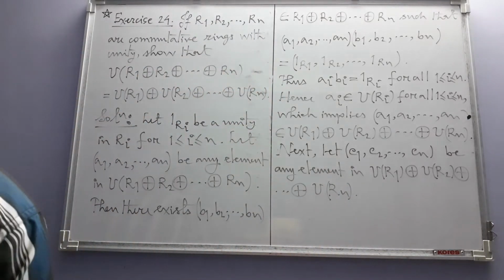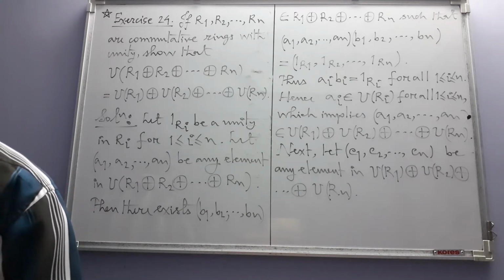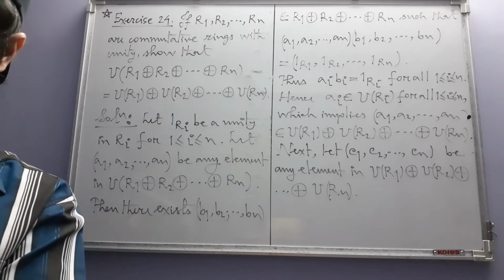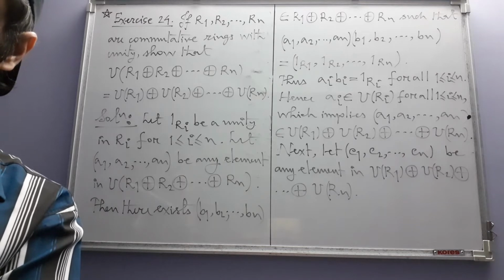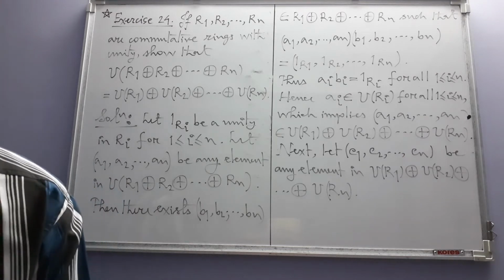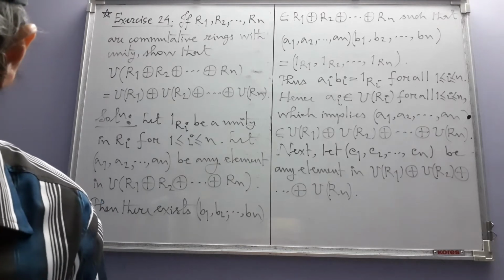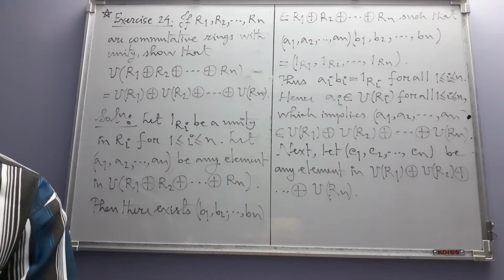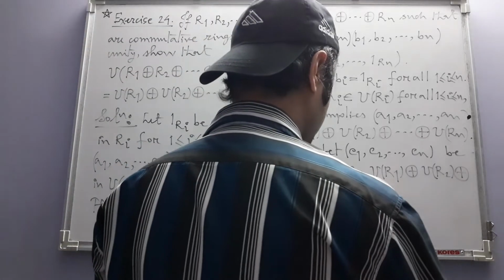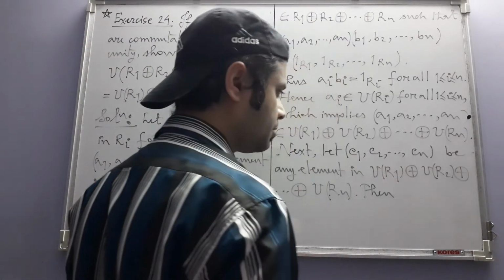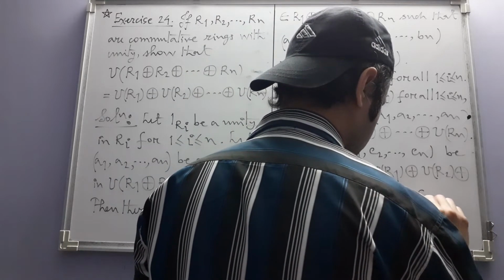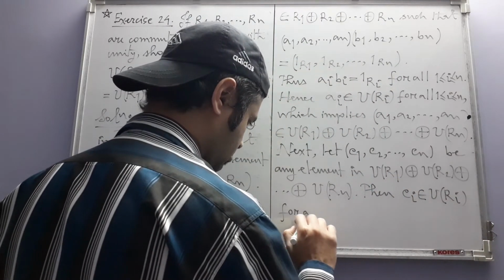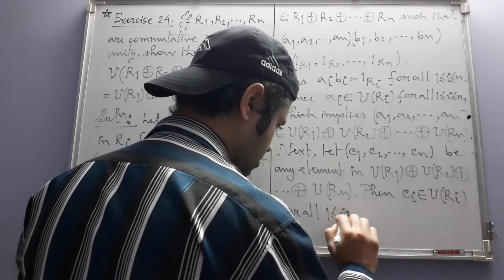Then c_i belongs to U(Ri) for all these i's.